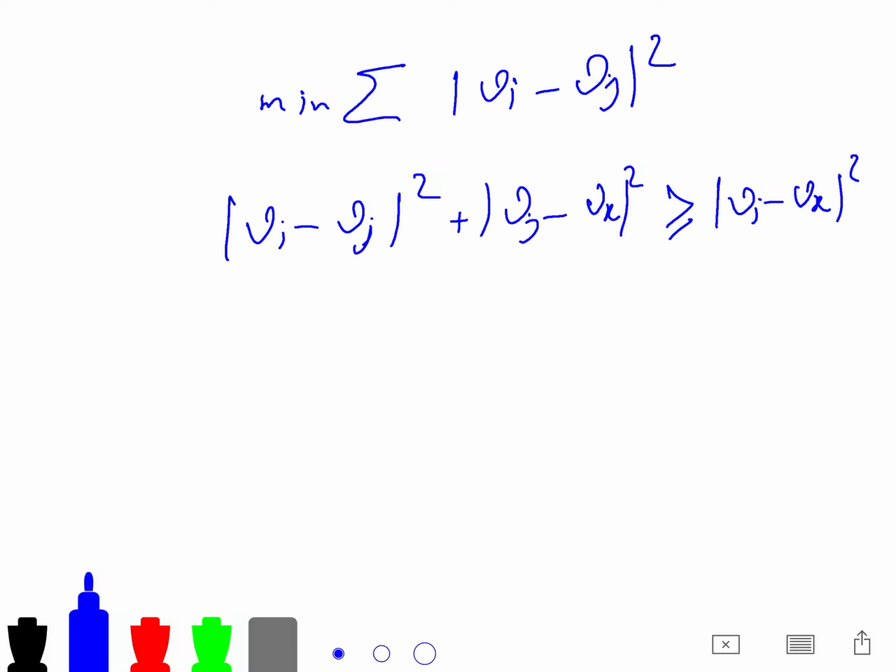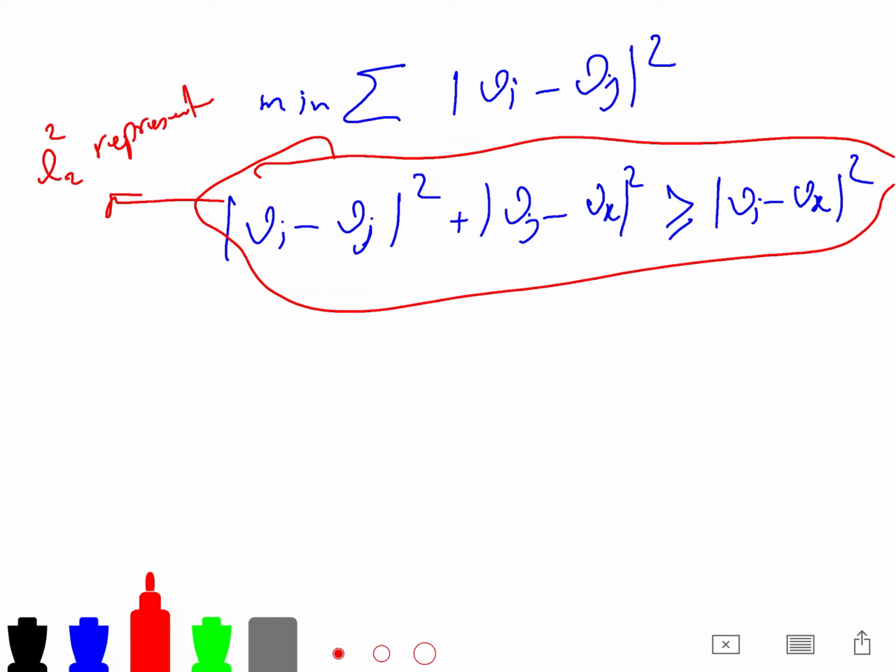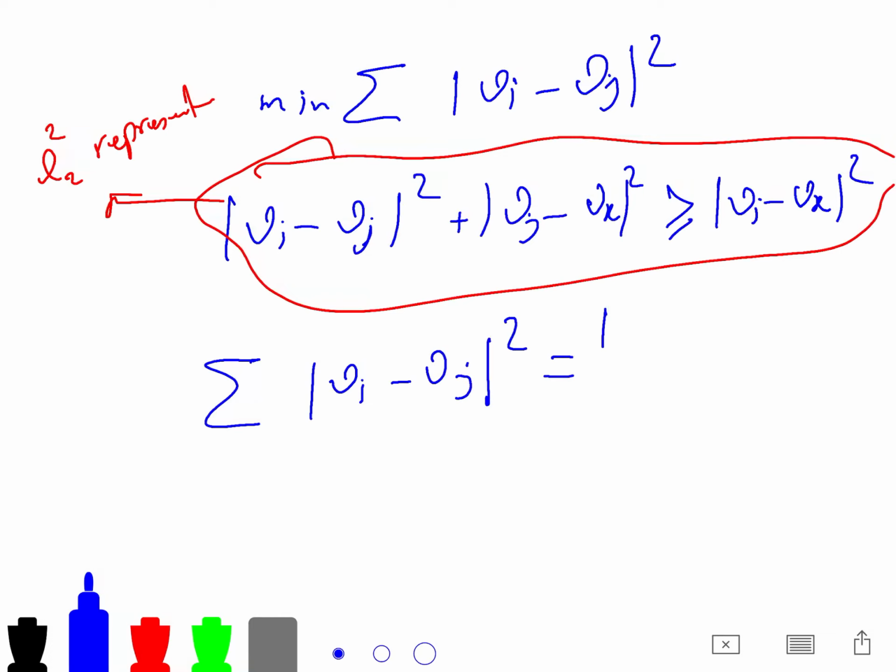We put it to make it, so we usually call it in the literature the L2 representation. We say it satisfies the L2 representation. I have explained it in my playlist for approximation algorithms. And another constraint is just Vi minus Vj squared equal to 1. And the idea is that we want to promote something to find the sparsest cut.